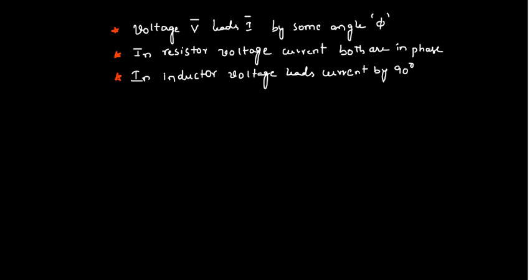So for a pure resistor, both are in phase. When it is a pure inductor, the voltage leads exactly by 90 degrees.